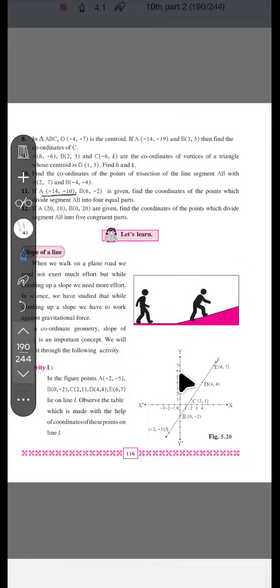Point A is given, which is (minus 14, minus 10), so it is in the third quadrant. And B is (6, minus 2), so it is in the fourth quadrant. Find the coordinates of the points which divide segment AB into 4 equal parts.